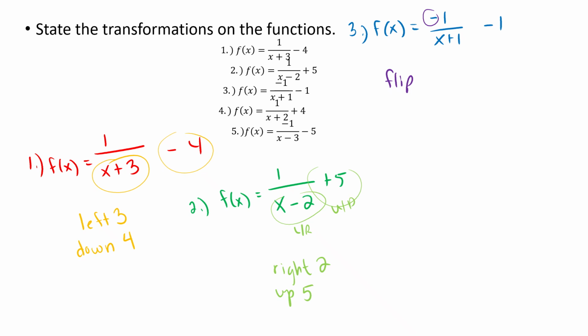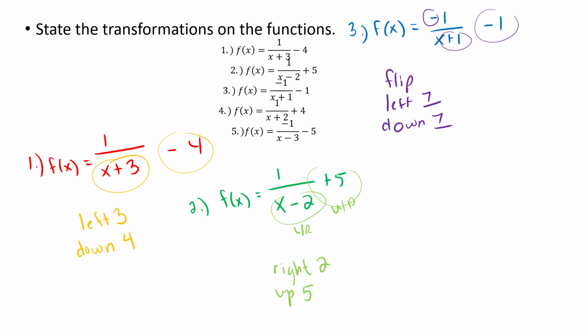This is a reflection over the x-axis, although these graphs have some symmetry to them that can make that a more interesting conversation for another time as well. But that will flip it over. Then we have a plus 1 in the denominator, so that's going to send this left 1, and then a minus 1 on the outside, which is going to send the graph down 1. So there we go.